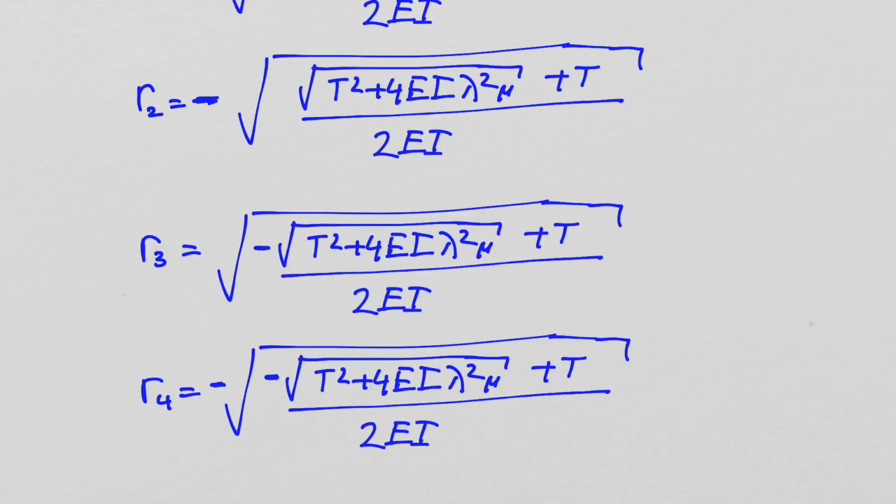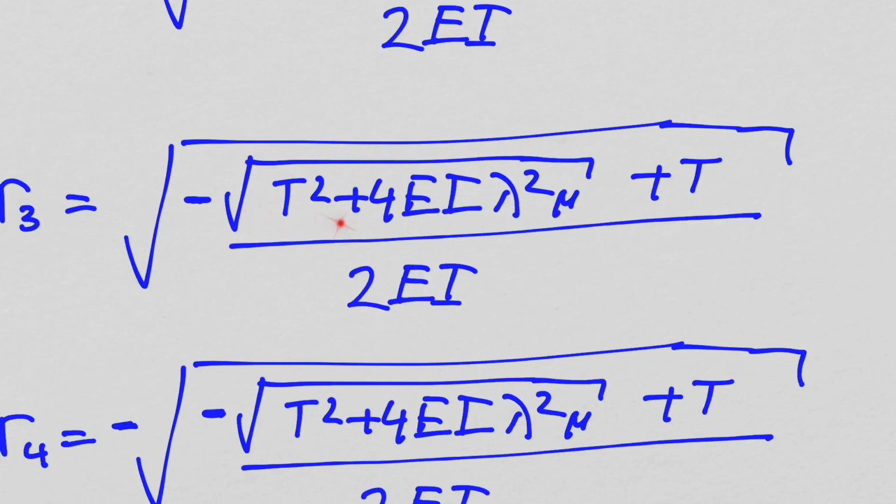Now looking at R3 and R4 is important because what we want to do is get rid of that minus sign. Remember this guy here is always positive, so this guy now is always negative. And also, if you notice, this square root here is always larger than t, because this is positive, this is always positive, so that sum is going to be larger than t squared.